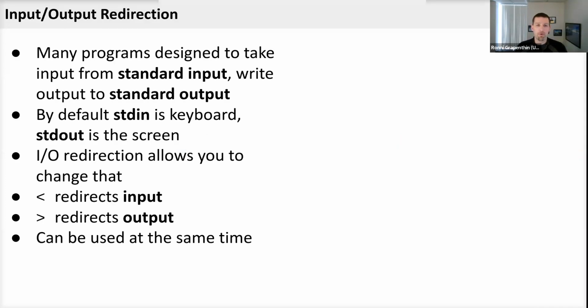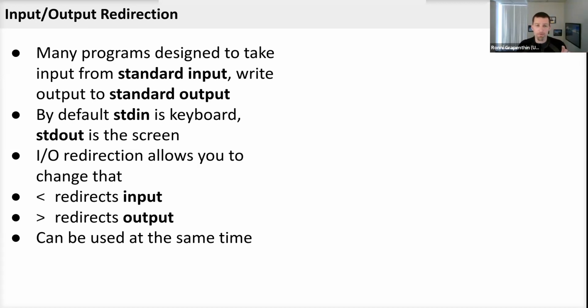So for that reason, programs are designed to take input from standard input and write output to something that is called standard output. By default, standard input is the keyboard, so what you type in, and standard output is the screen, but the input-output redirection allows you to change that.